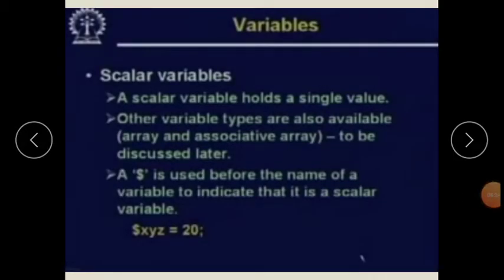So a scalar variable is a variable which is used to hold a single value, and the $ sign is used before the name of a variable to indicate that it is a scalar variable.